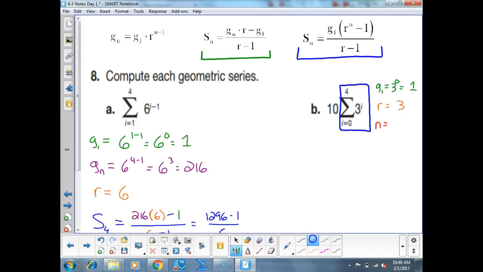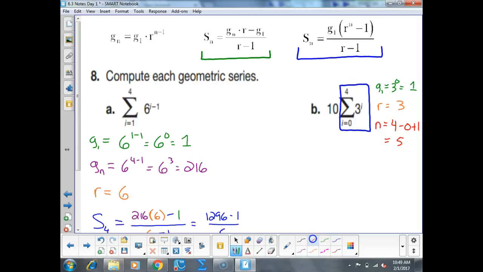The kicker is plus 1. So top minus bottom plus 1 tells me that there are 5 terms in this series. Another thing where the terminology crosses over.